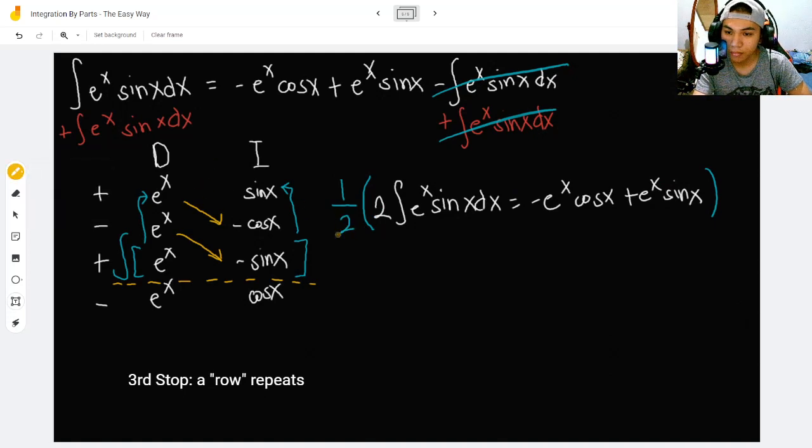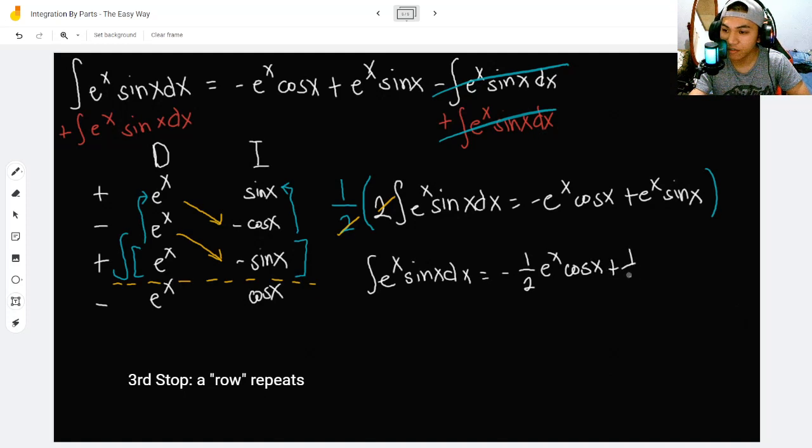Okay. So finally, the integral of e to the x sine x dx is equal to negative 1/2 e to the x cosine x plus 1/2 e to the x sine x. And don't forget the plus c. And we're done.